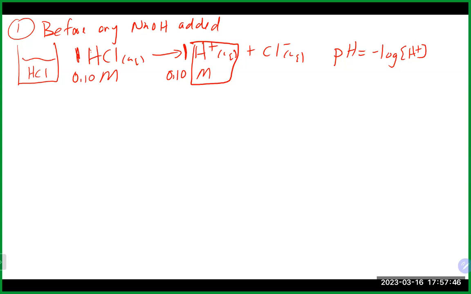Breaks apart into a 1-to-2 relationship, you need to multiply the concentration by 2 and so forth. By the way, although we don't need it, the concentration of the chloride here would also be 0.1 molar, because it's a 1-to-1 relationship as well. So in this case, you could just use the molarity of your HCl, because that's the concentration of the H plus in there.